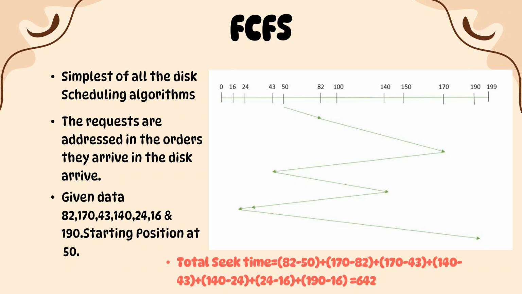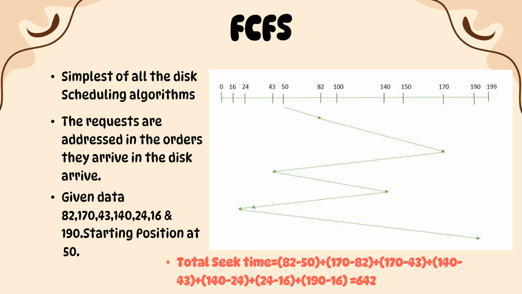Next, the read and write head is moved from 82 to 170. The distance is 170 minus 82. So we take the largest number first and the smallest number next. Next, the head moves from 170 to 43, so the movement is 170 minus 43.